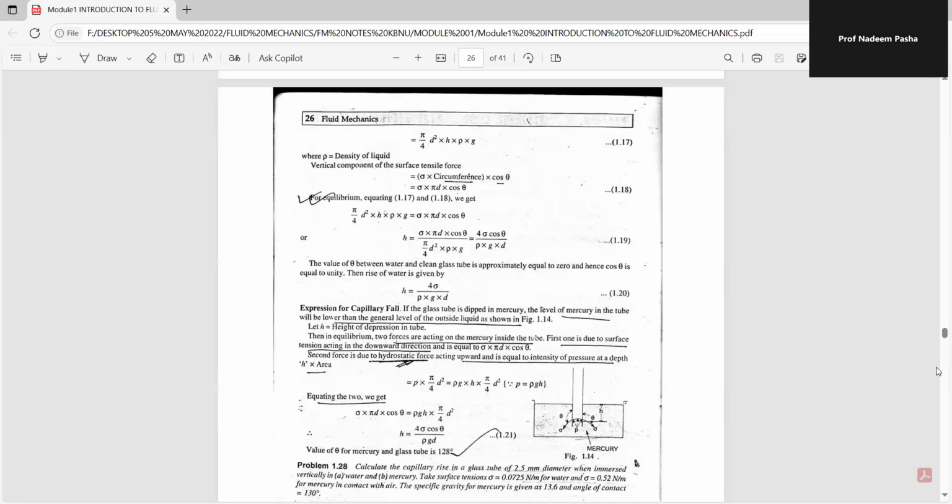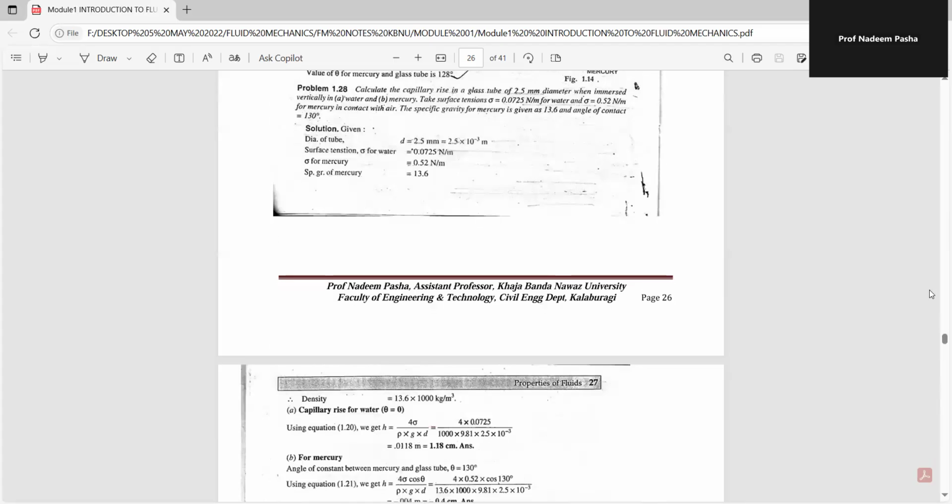You should remember the value of theta for water and for mercury: for water theta is 0, so cos 0 is 1, whereas for mercury theta is 128 degrees. If it is given in the problem, well and good; if not, you have to assume it. Now we will solve some numerical problems on capillary rise and capillary fall so that you will get an idea.